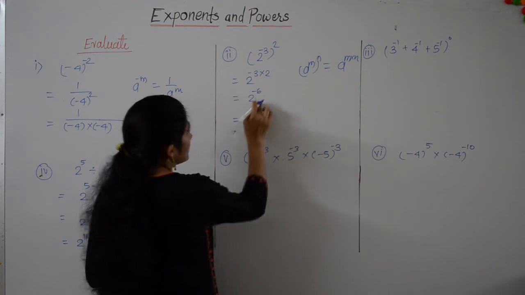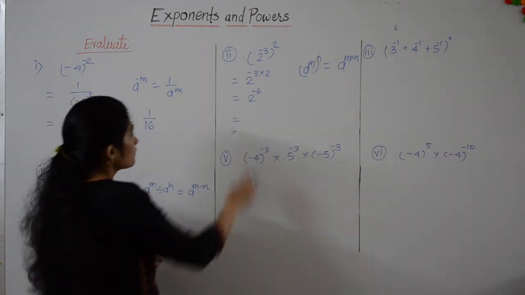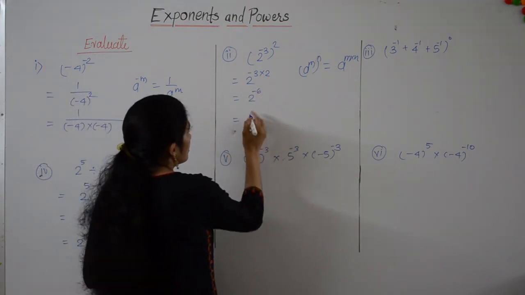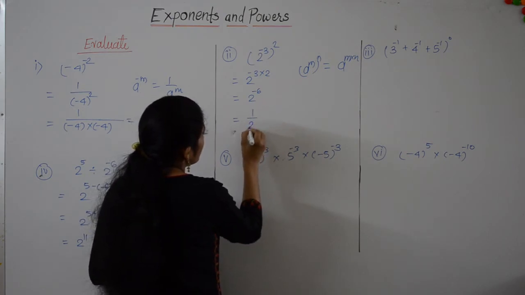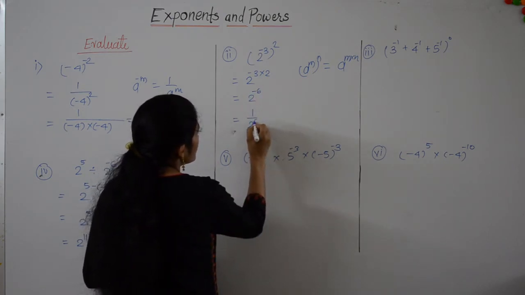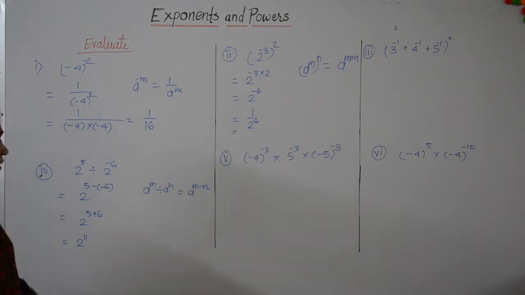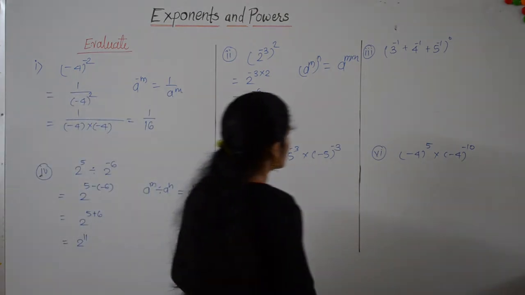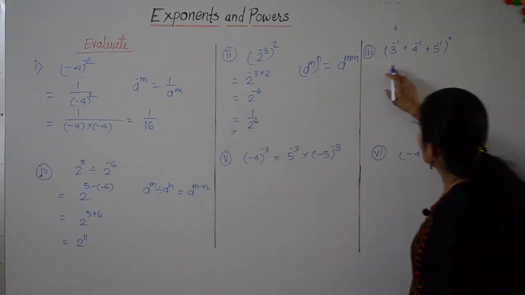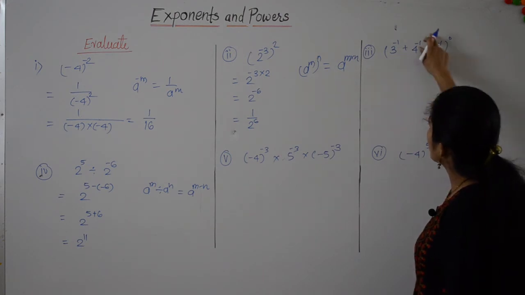Now again you have to convert this into positive exponents. So take the reciprocal of 2, which is 1 by 2, and then you can write the positive power, which is 1 upon 2 raised to 6. This is your answer.